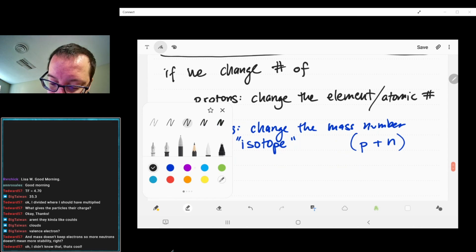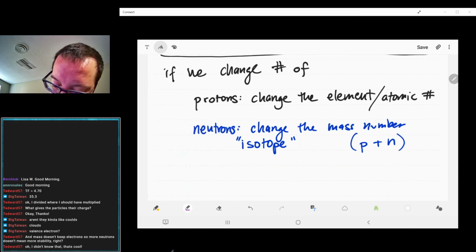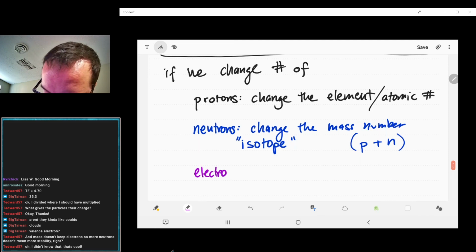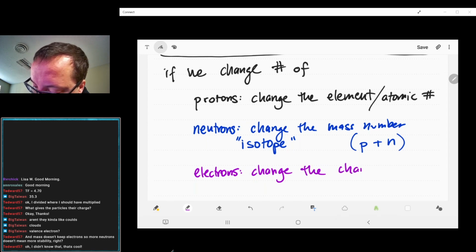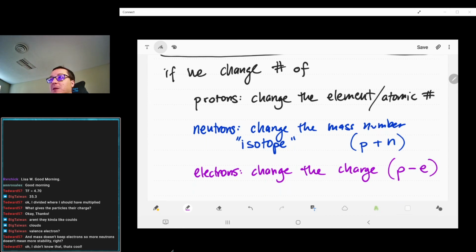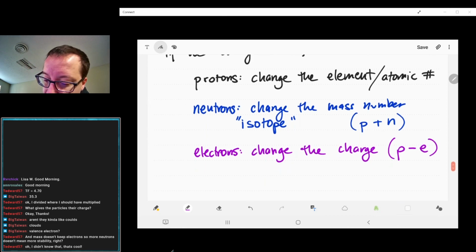And if we change the number of electrons, we change the charge. Remember, charge is equal to protons minus electrons. And then we call those ions. Remember that you can have two kinds.